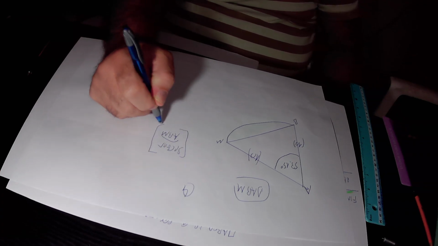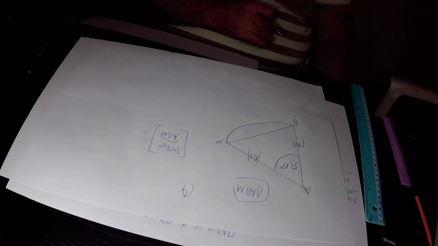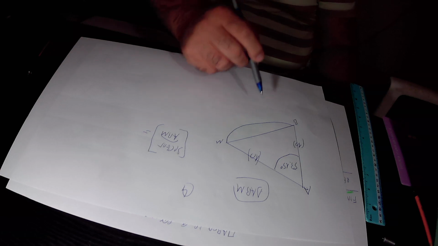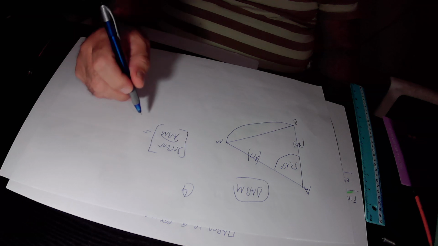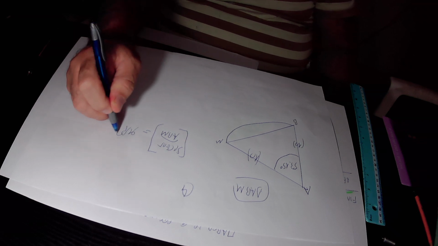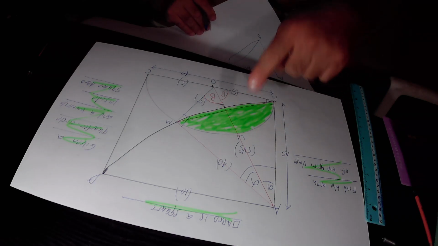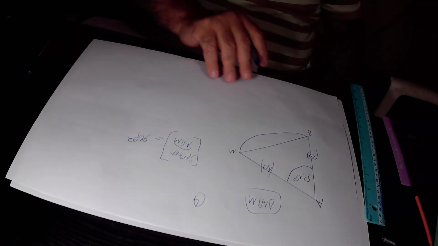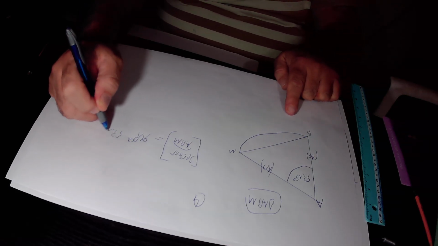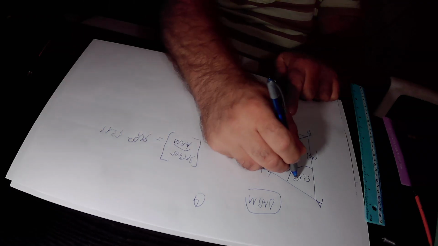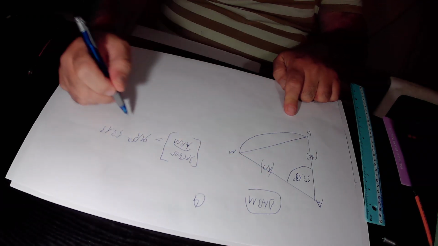According to the formula I presented a couple of minutes ago, the area of the sector ABM will be equal to the area of the circle that contains the sector, pi r squared, where r is the radius of the quarter circle, that is 10, times the angle between the legs, 53.13 over 360 degrees.